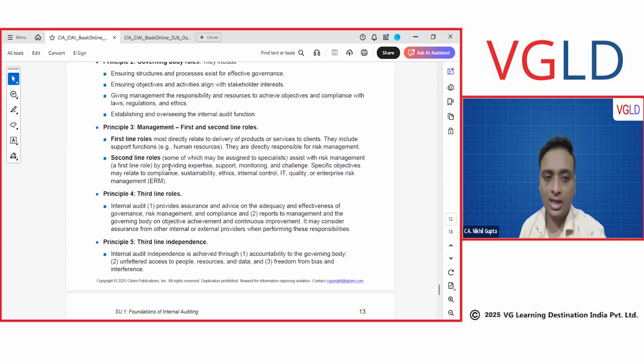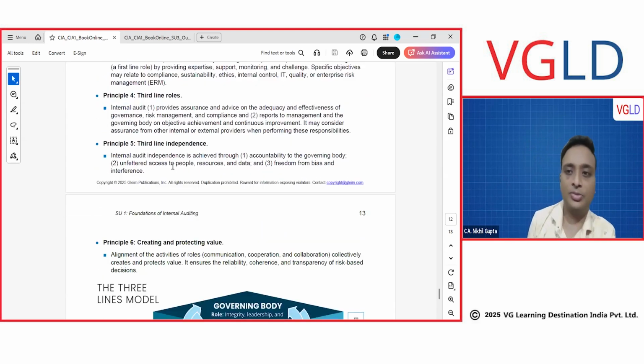It reports to management and the governing body on objective achievement and continuous improvement. It may consider assurance from other internal and external providers when performing these responsibilities, because internal auditors have to perform certain functions that external auditors want from us as well on certain areas.